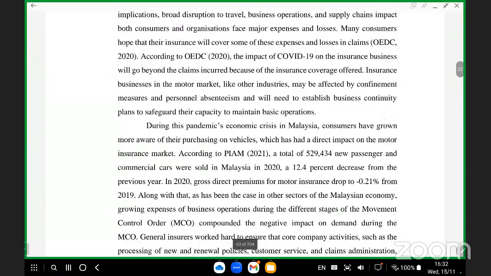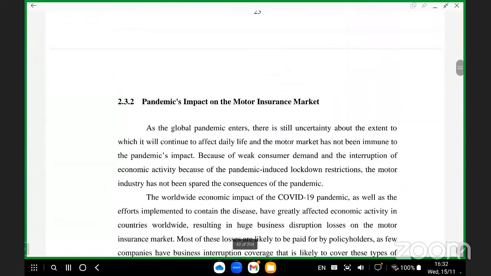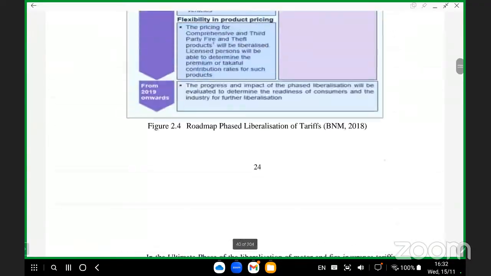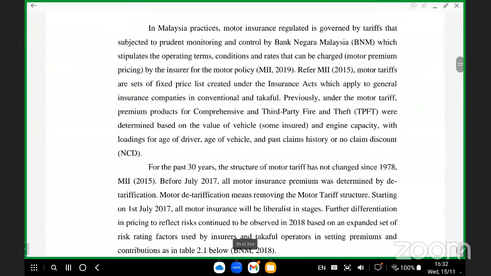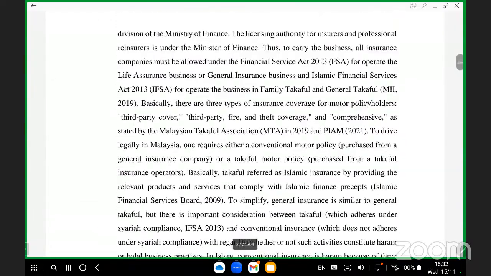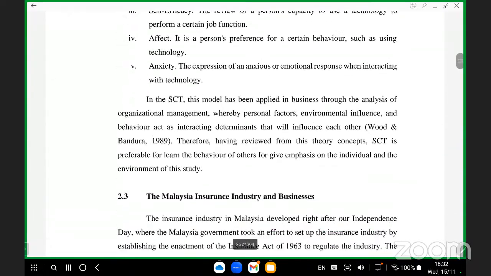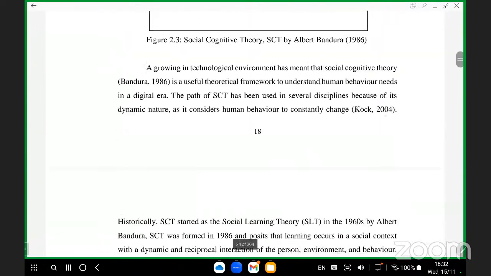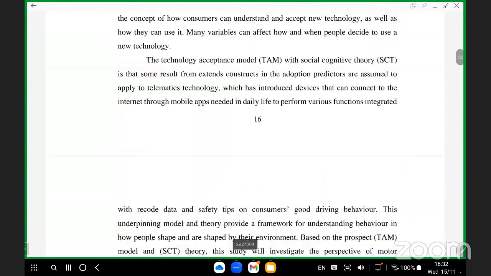Technology adoption. This is about the research setting. Sekejap. Saya mau menunjukkan variable. Macam mana dia menulis tentang variable dia.